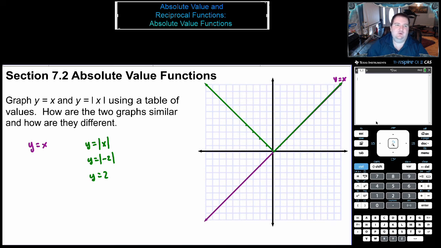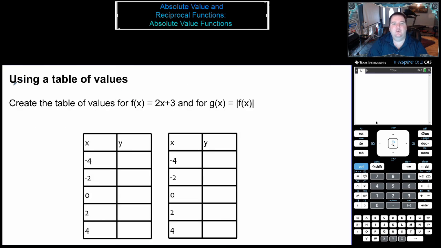And this is y equals the absolute value of x. Okay? So now we have a little bit of an intro. When you're graphing the absolute value of your original function, all the negative y values become positive y values, and that's basically how we're going to graph it.